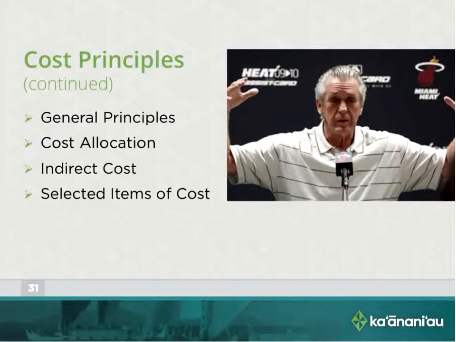Okay, the third area covered in the cost principles is indirect cost. Now, indirect cost is something you have to negotiate with what's called your cognizant agency. And you do that every year.